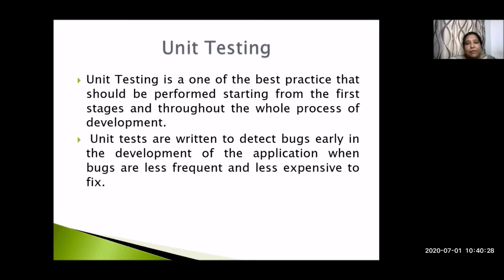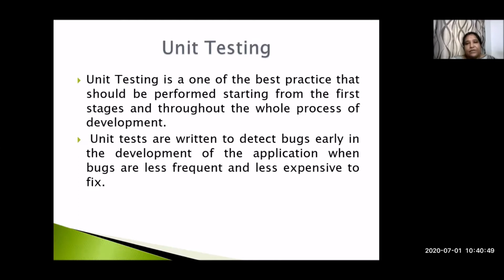It helps to perform testing throughout the whole development process, and it is used to detect errors early in the development of the application, when bugs are less frequent and less expensive to fix.